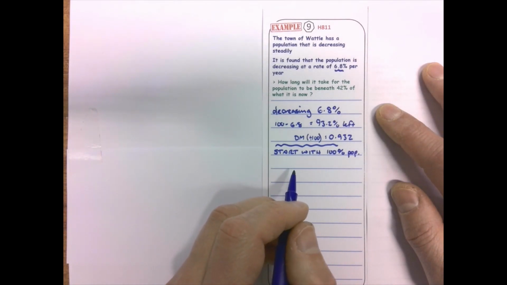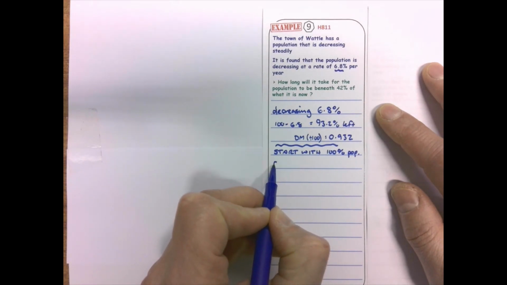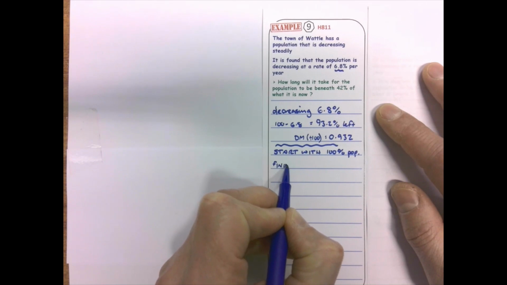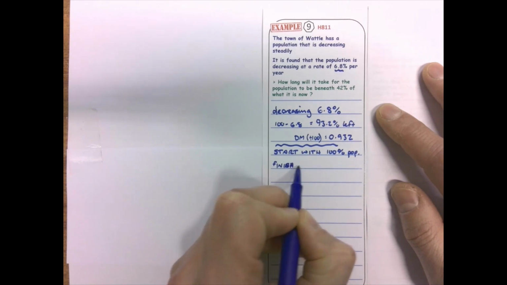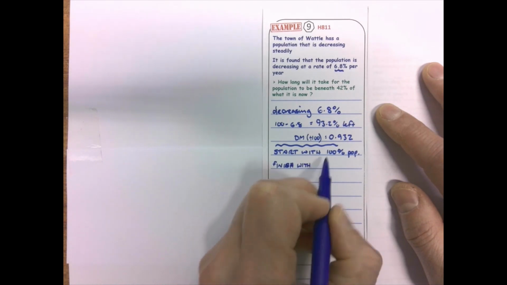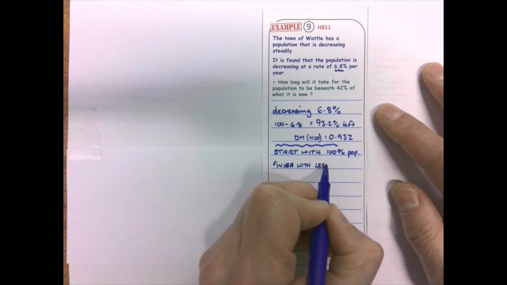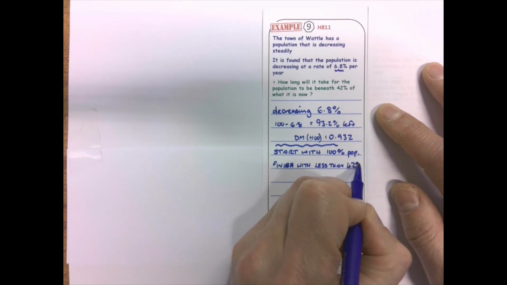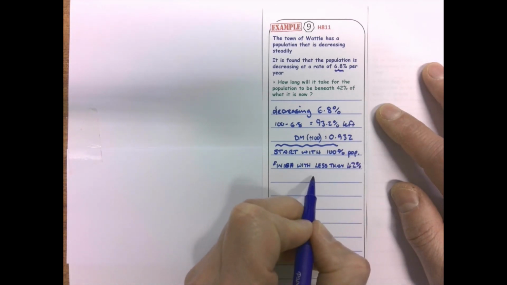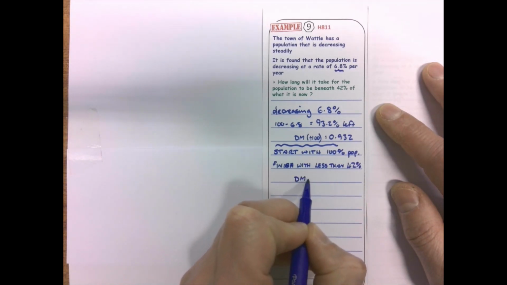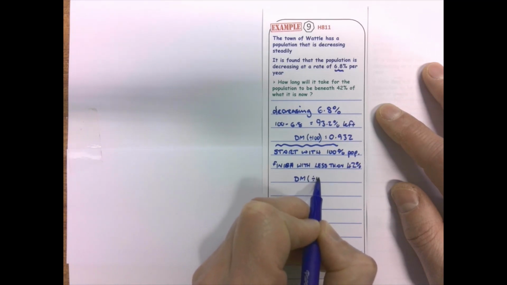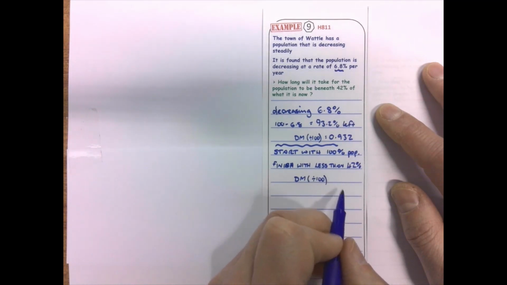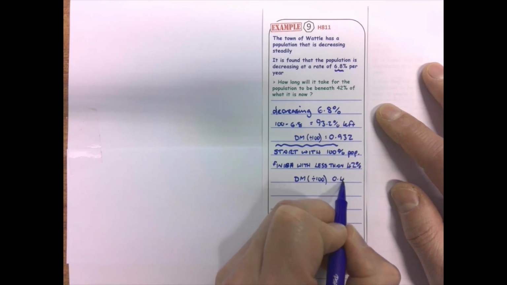Now 100% of the population is 1 as a decimal multiplier, right? But we want to finish with less than 42%. Okay, now as a decimal multiplier, or as a decimal really, that's going to be 0.42.